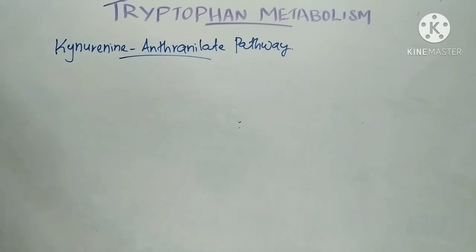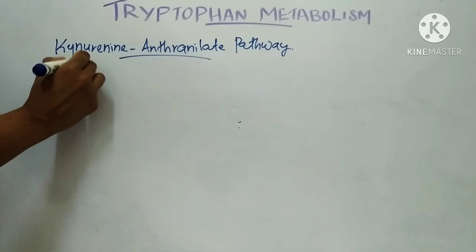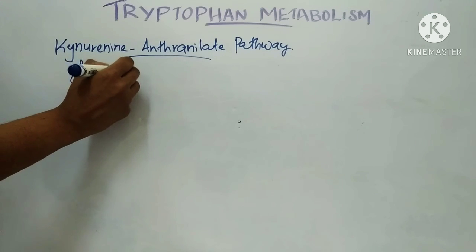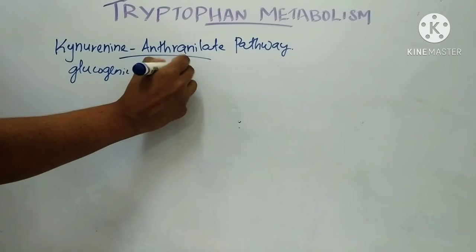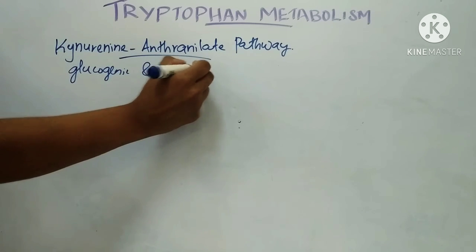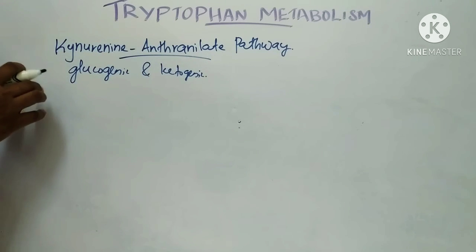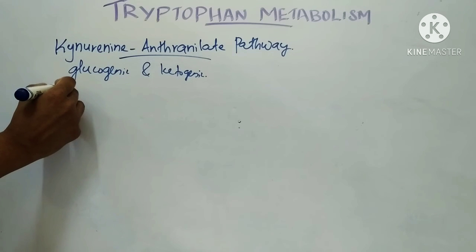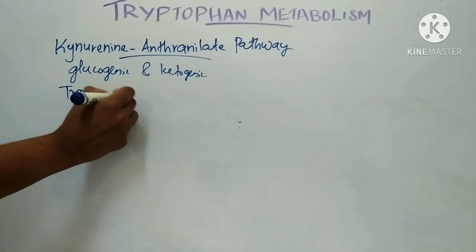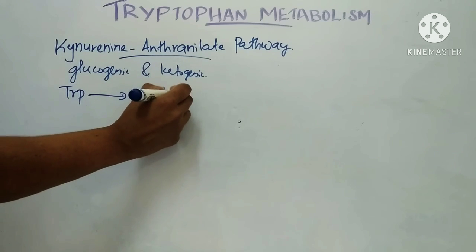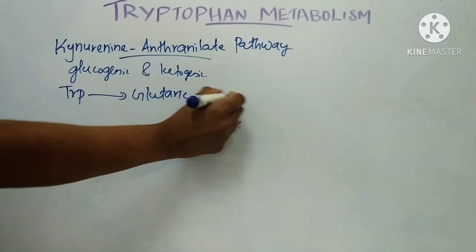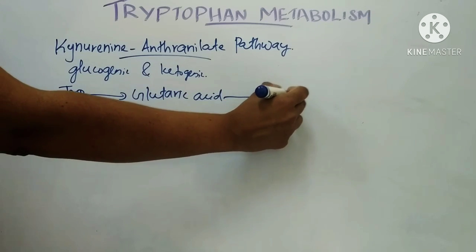Tryptophan is both a glucogenic and ketogenic amino acid. Because in this pathway, tryptophan is finally converted to glutaric acid. Then this glutaric acid forms acetoacetyl-CoA.